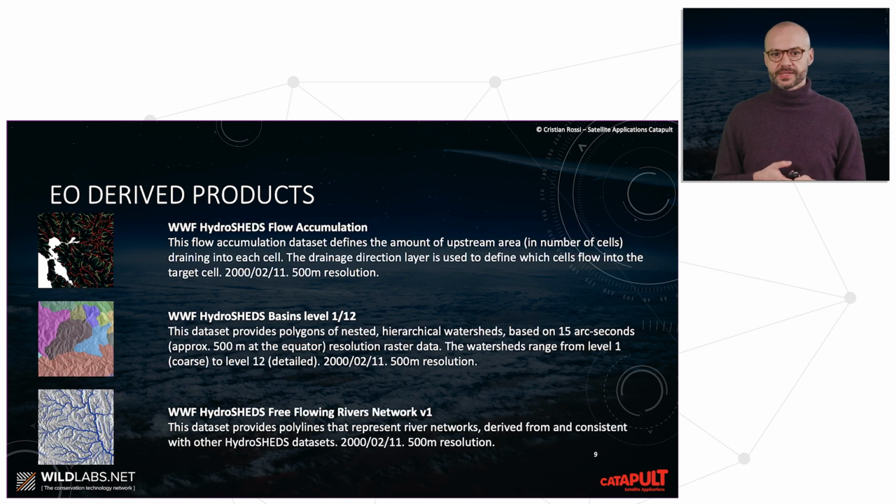So WWF, as I was mentioning, has several products linked to the hydrology, HydroSHEDS, flow accumulation, HydroSHEDS basin level, HydroSHEDS free-flowing river networks. And as I explained, there are different products here that are already available to the user to be downloaded and inspected.